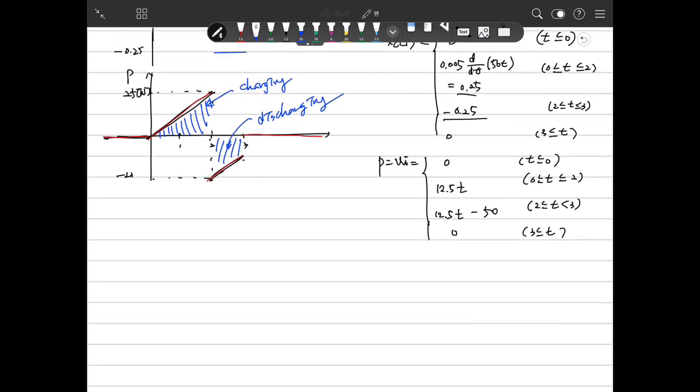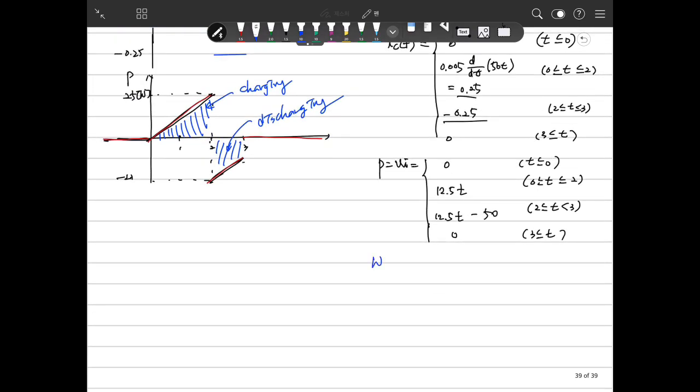The last, we'll do the energy here. w is the integral of p dt. So there will be 0 for t smaller than 0. The next is, we integrate from 0 to t of 12.5 tau d tau.